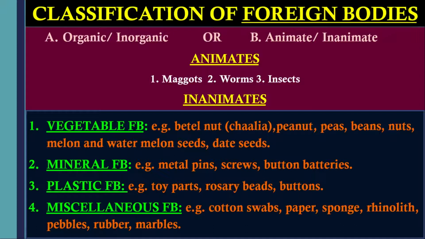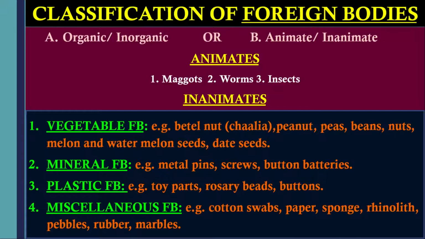In the animates one can have maggots, worms, insects, whereas inanimates can be vegetable type of foreign bodies like betel nut, we call it CHAALIA, and peanut, or peas, or beans, or nuts, melon and watermelon seeds and date seeds, etc.